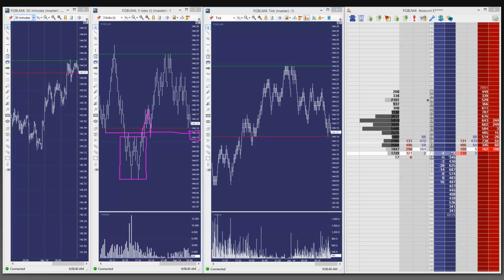Is it really aggressive and fast, or is it slowing right up? You're basically just watching pace of tape. Like I said, not so important on the bund, but it's something I really like to watch on the ES.